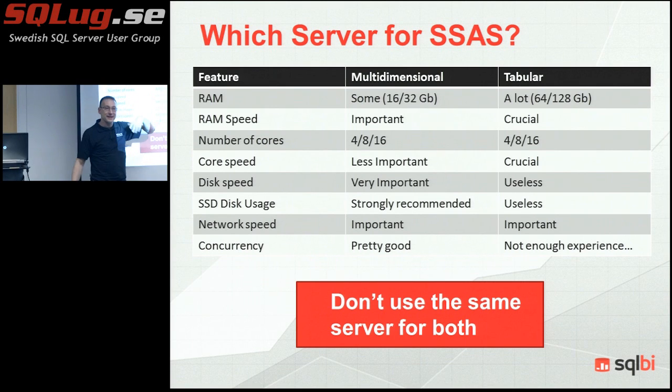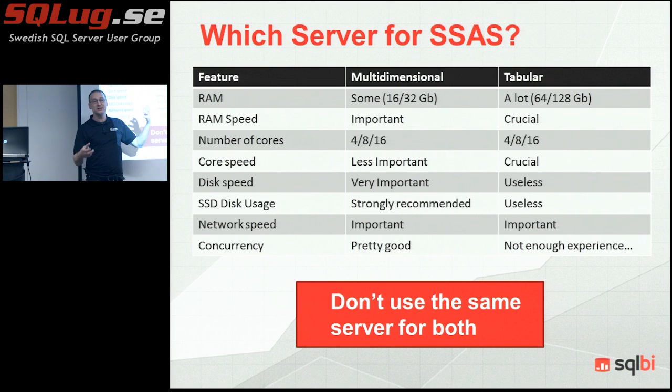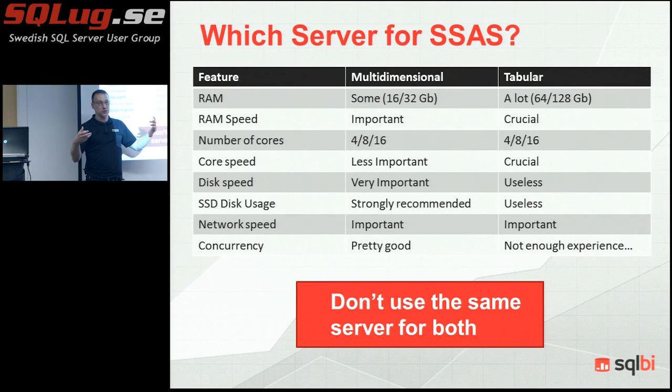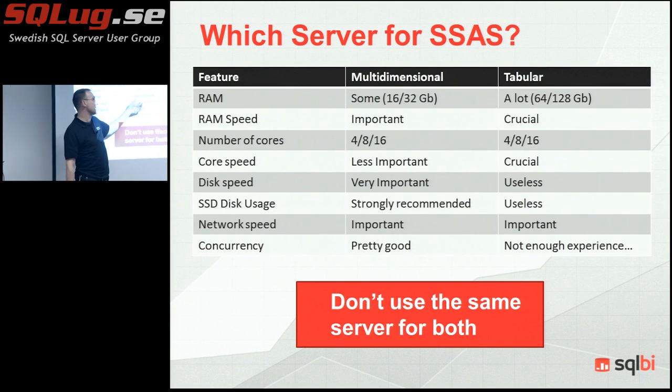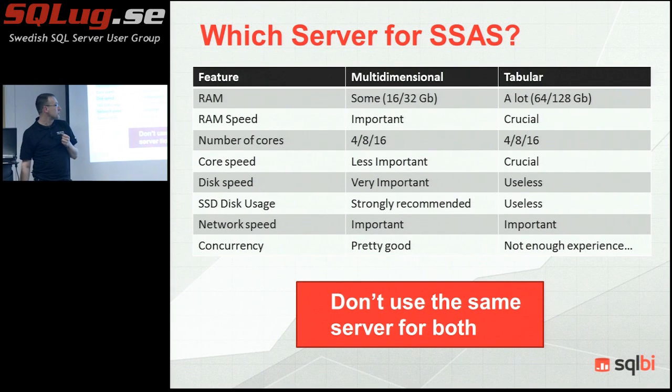Otherwise, you are not getting the best. And you cannot use the same box for both, not because they cannot live together. They can happily live together, but they have such completely different needs in terms of hardware that there is no server that has all the features of both, or it would cost so much that it is hardly something that we can normally buy.